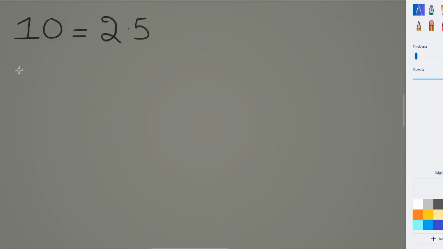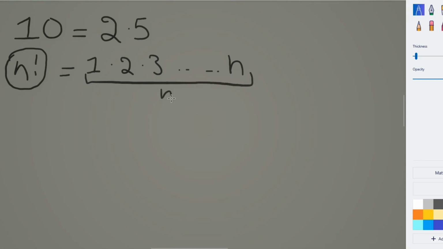So if we were to calculate n factorial, which is equal to 1 times 2 times 3 up until n, okay, instead of calculating this number, which would actually need n steps to do so, we're gonna need its prime factorization.